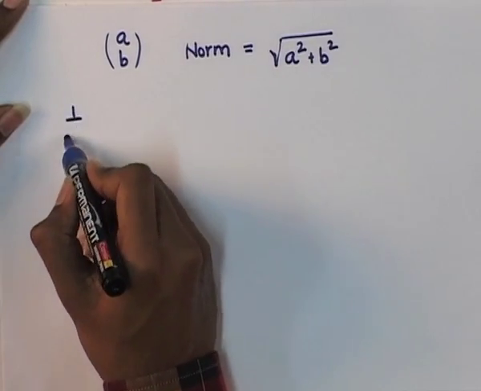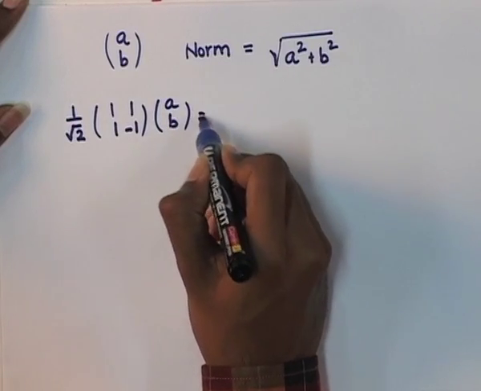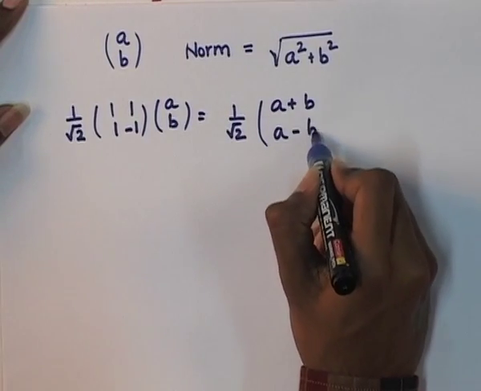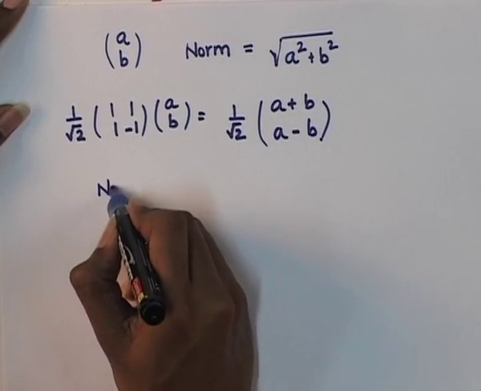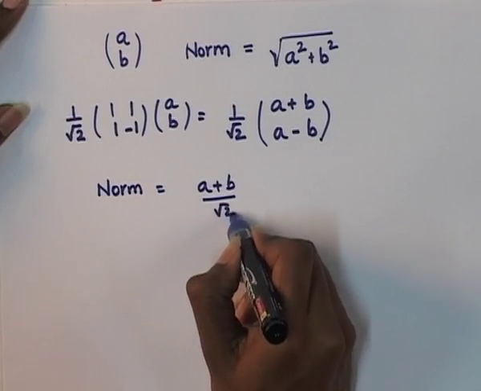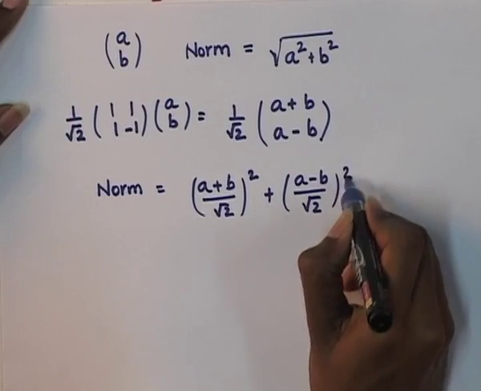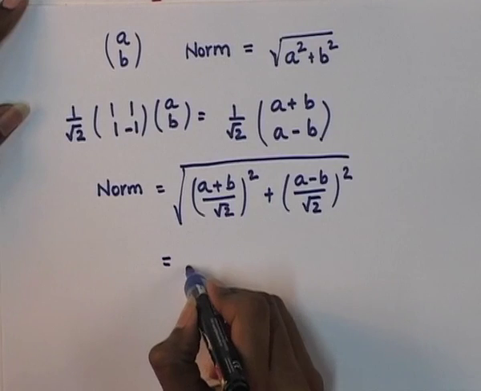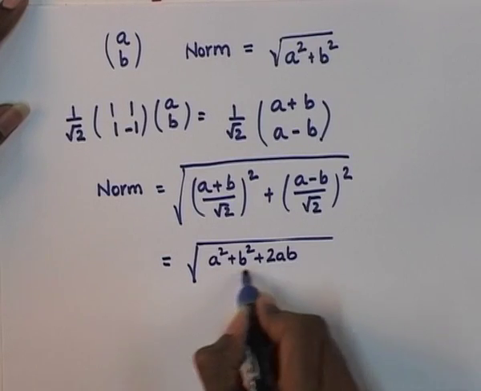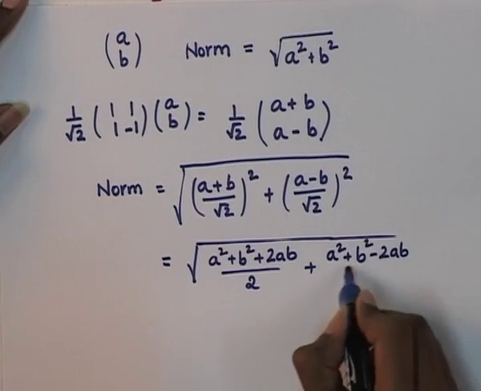And now after applying Hadamard gate on this state A, B, we obtain A plus B and A minus B, each divided by root 2, and the norm of this vector is the square root of (A plus B divided by root 2) square plus (A minus B divided by root 2) square, which is equal to A square plus B square plus 2AB by 2 plus A square plus B square minus 2AB divided by 2.